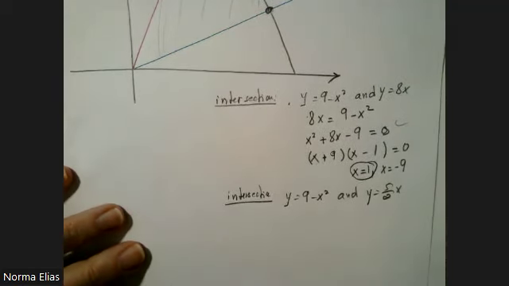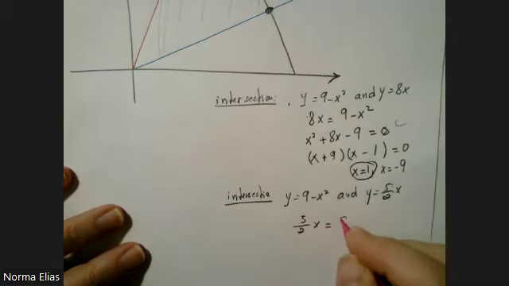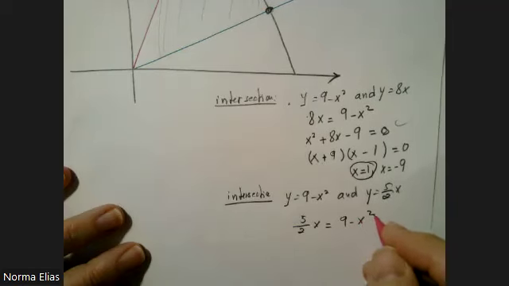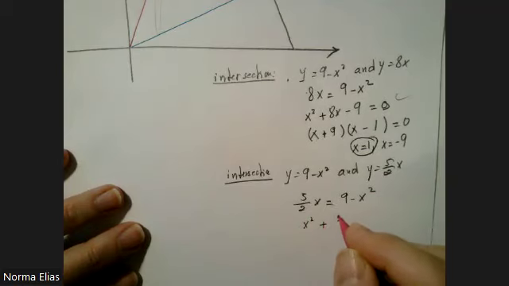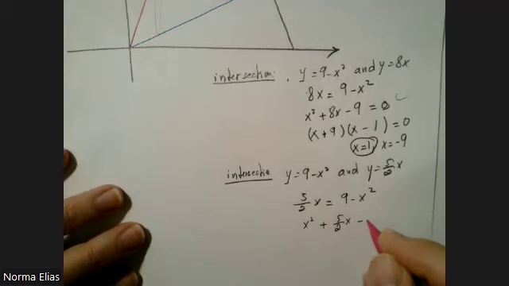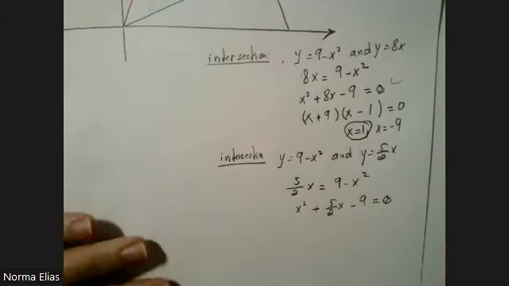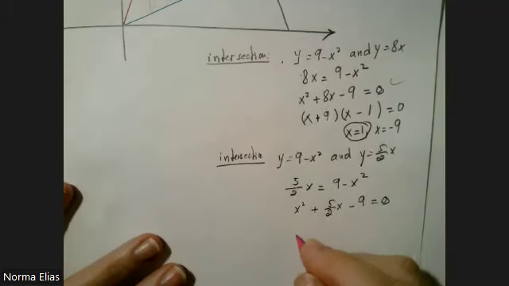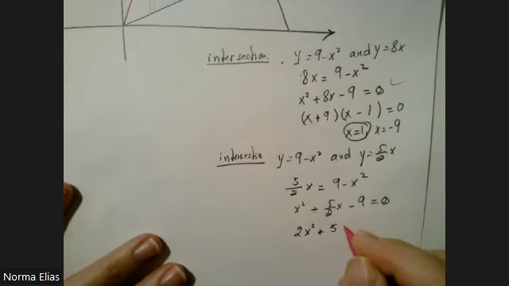Okay, again, we have to set up the equality between them. So I write 5 over 2 x equal 9 minus x squared. So this would give me x squared plus 5 over 2 x minus 9 equal to 0. All right, and I need to factor this out. So I multiply across by 2 just to make my life easier.